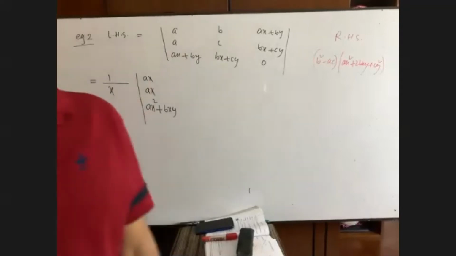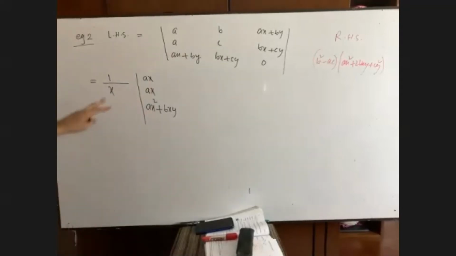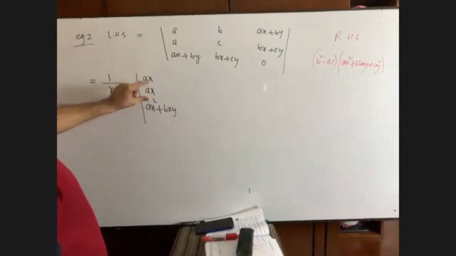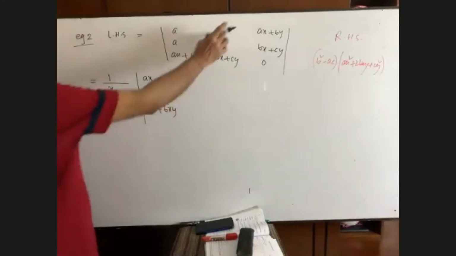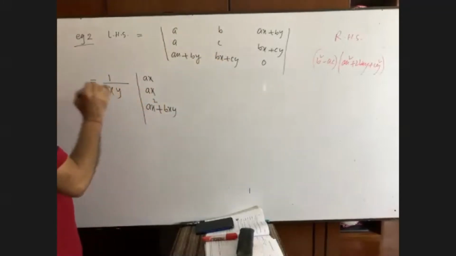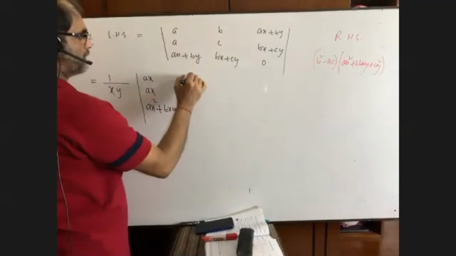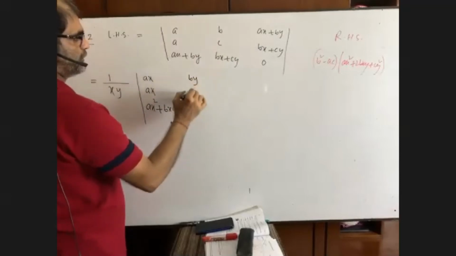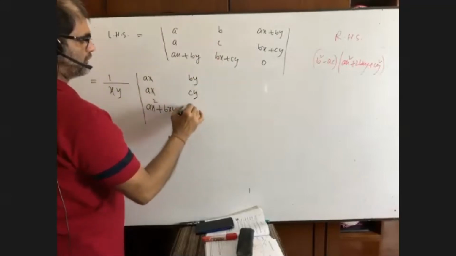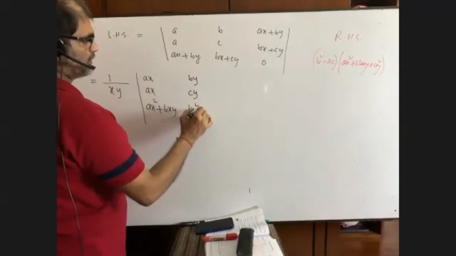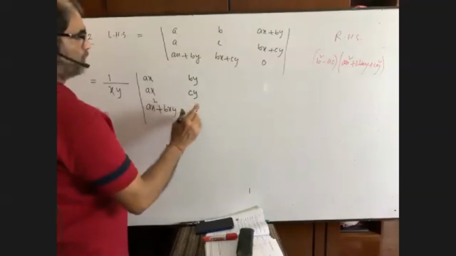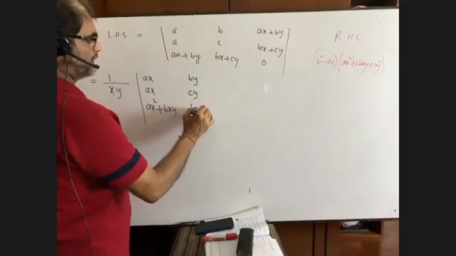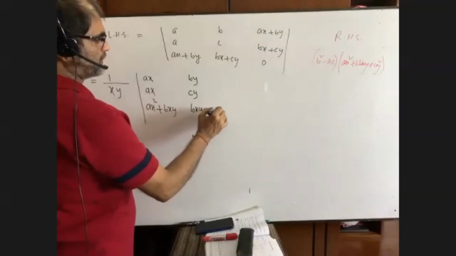I have multiplied by x, and suppose x is taken common from here, then x and x will be omitted. Now here we must take y. Then it is by, cy, bxy plus cy square.